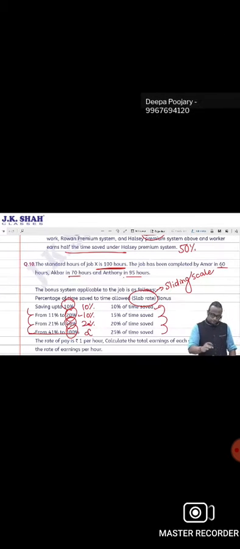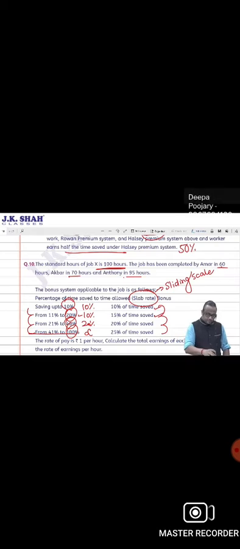Since this percentage is applied on time allowed, it is 40% of 100: 10% of 100, 10% of 100, 20% of 100. See the total: 10 hours, 10 hours, 20 hours. That means 40 hours are split. For the first 10 hours, 10% will be the bonus, which means I'll be paid bonus for only 1 hour.